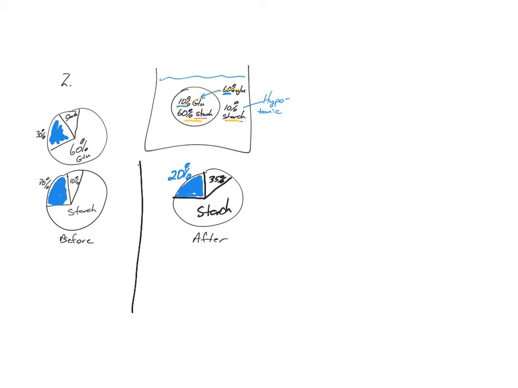Now the other circle, the outside, what happened to the outside? That's right. And it's also 35%. Again, the pie drawings are horrible. And now it's only 10% starch. So that's starch, right? And this is glucose.